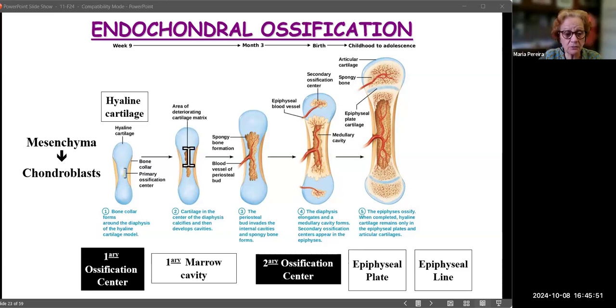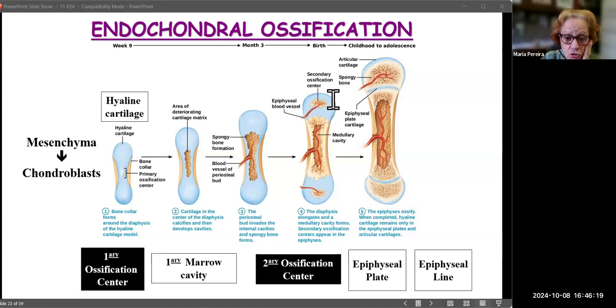Remember that within the diaphysis, you have this medullary cavity that stores the yellow bone marrow. So from the primary ossification center, some of the cartilage starts deteriorating, and it starts forming the marrow cavity.